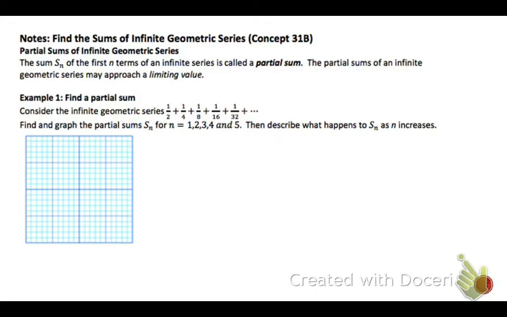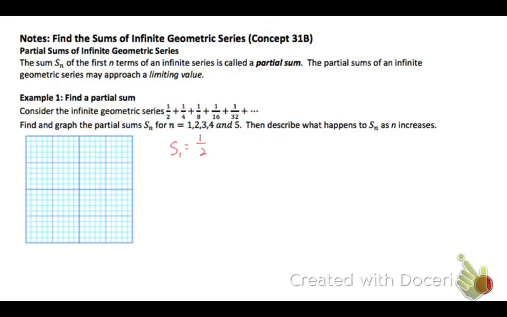We're going to find a partial sum. Consider this infinite geometric series: 1/2 plus 1/4 plus 1/8 plus 1/16 plus 1/32. It's geometric because each time you multiply by a half to get the next one.